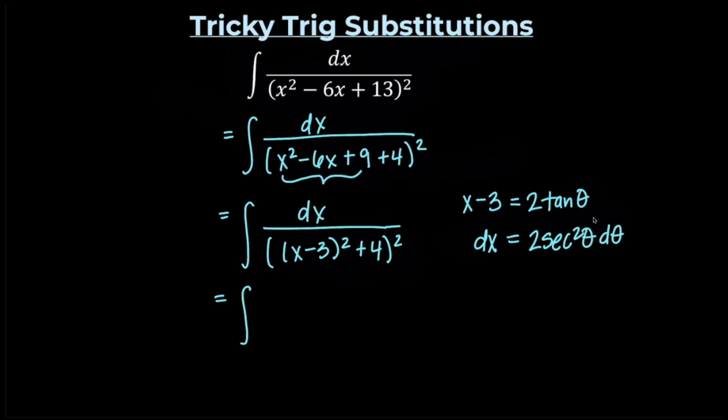And we can start making our substitution. Dx is 2 secant squared theta d theta. And then the denominator is going to be 2 tangent theta squared is 4 tangent squared theta plus 4 squared.